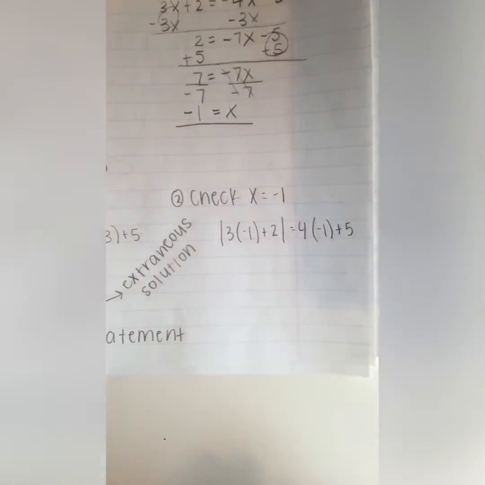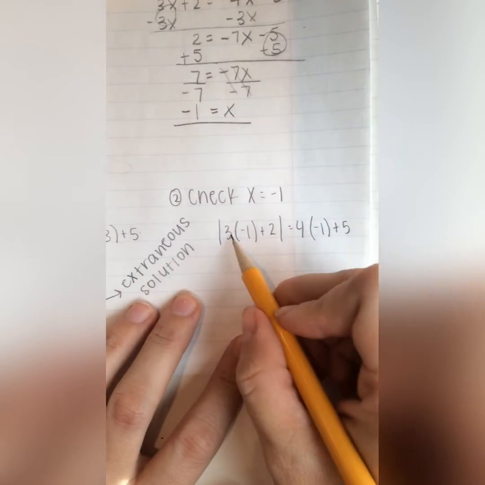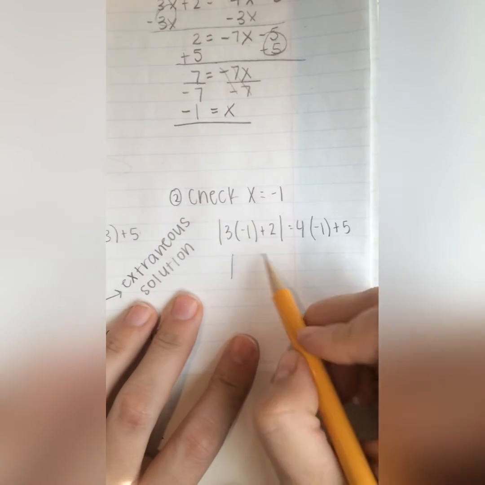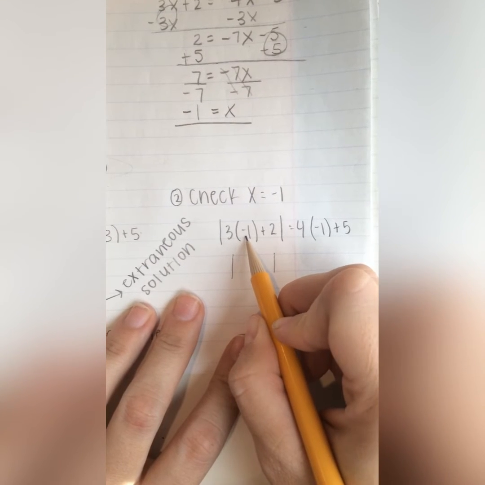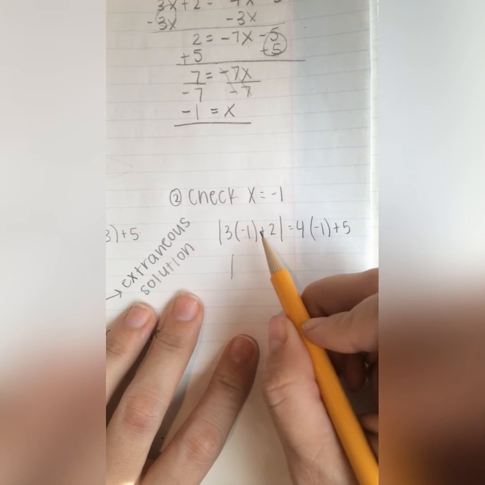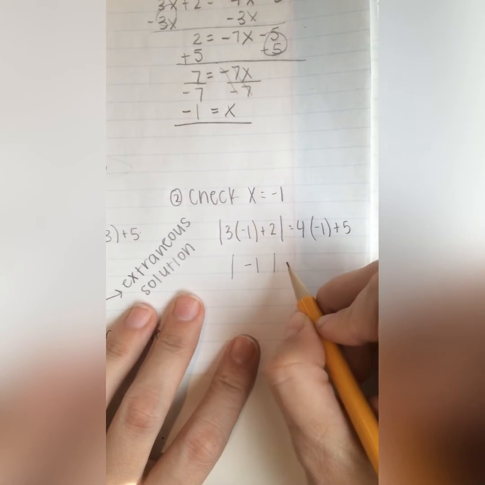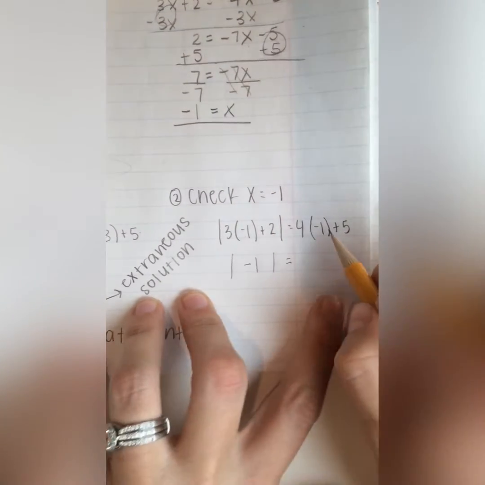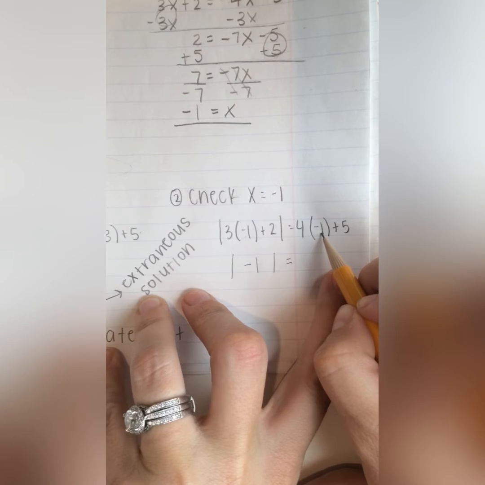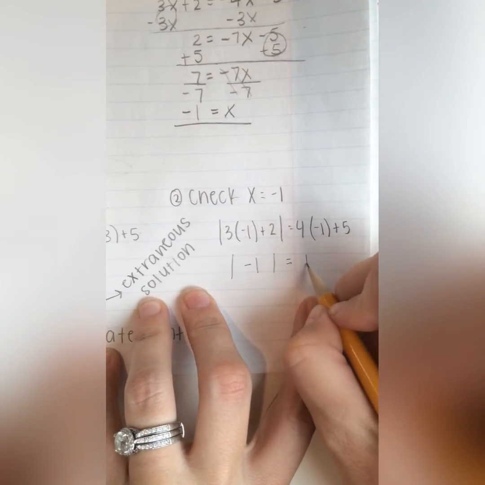Then we simplify just like on the other side. Inside my absolute values, 3 times negative 1 is negative 3, and negative 3 plus 2 leaves us with negative 1. Equals 4 times negative 1 is negative 4, and negative 4 plus 5 is positive 1.